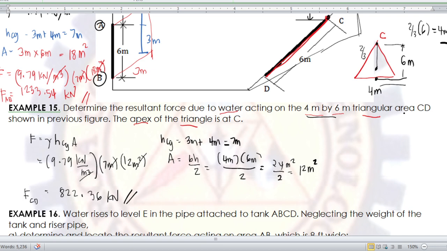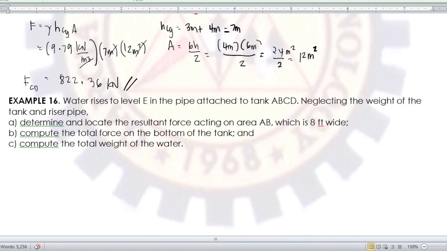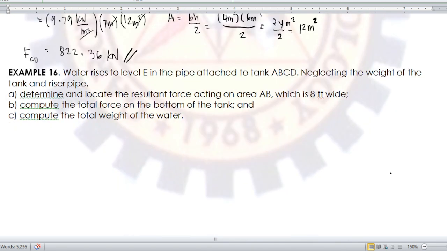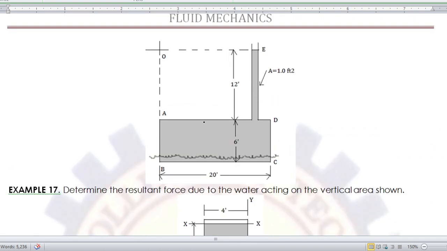Okay, we are now on example 16. This one. So example 16, we are given here this figure. Okay, and in this figure you can see that we have a tank A, B, C, D, and there's a pipe connected to it.